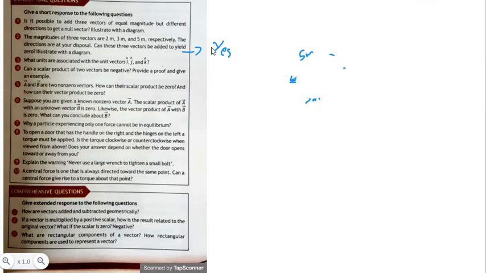Question number 3: what units are associated with the unit vectors i, j and k? Unit vectors are vectors with a magnitude of 1 and they have a direction. We can obtain the unit vector as the vector divided by its magnitude.